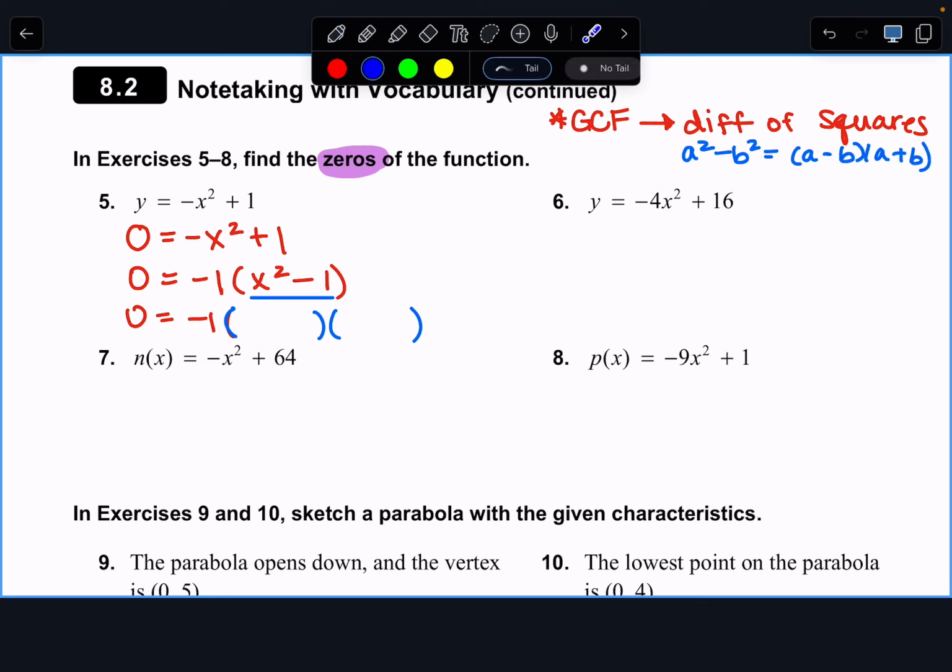Do we have that going on right here? A squared minus b squared. So this would factor to x minus 1, x plus 1. Okay, so what happens when we set x minus 1 equal to 0?